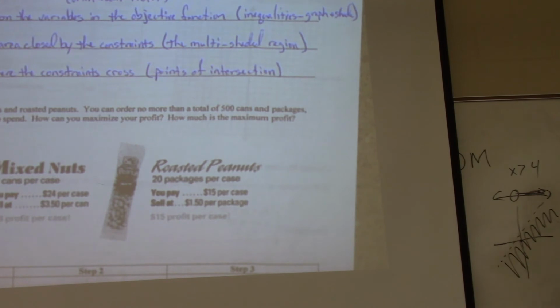Because that's what our constraints are all the time. They are inequalities that we are going to graph and shade. A lot of it is going to go back to standard form graphs. That's why we did that first, then inequalities second. We're putting them both together in this chapter.